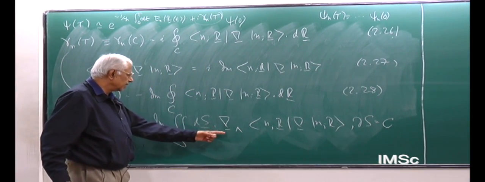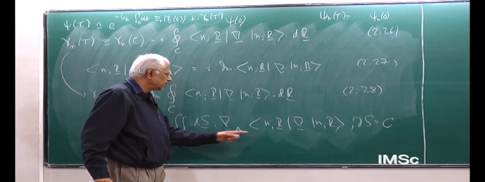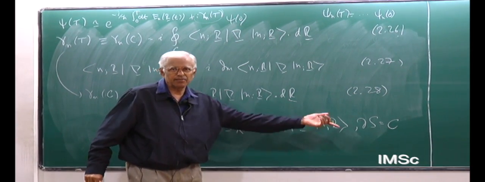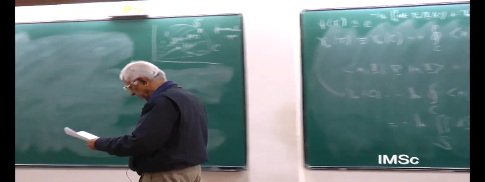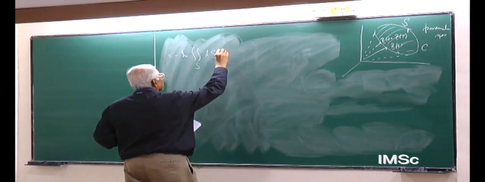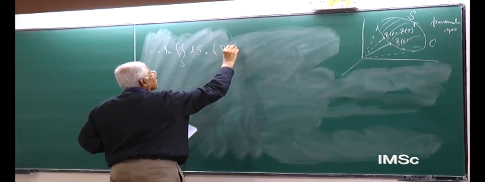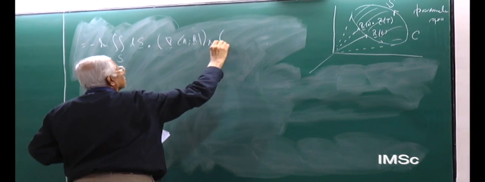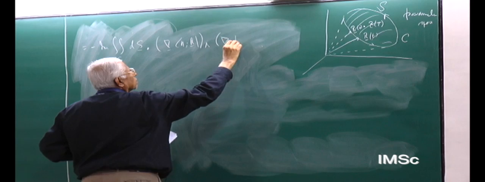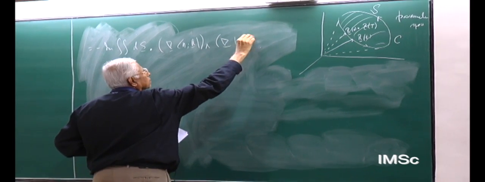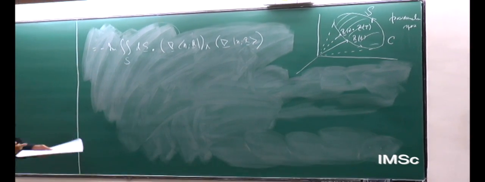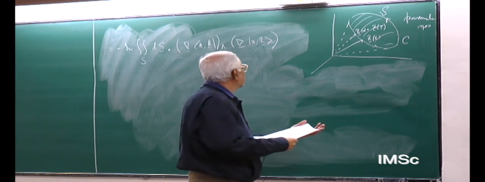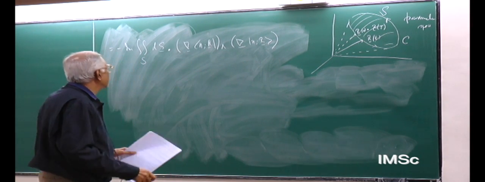Obviously, this gradient operation should act only on the bra vector, not on this, because del cross del will be 0 there. So this becomes, in the notation of ordinary 3-dimensional vector calculus.